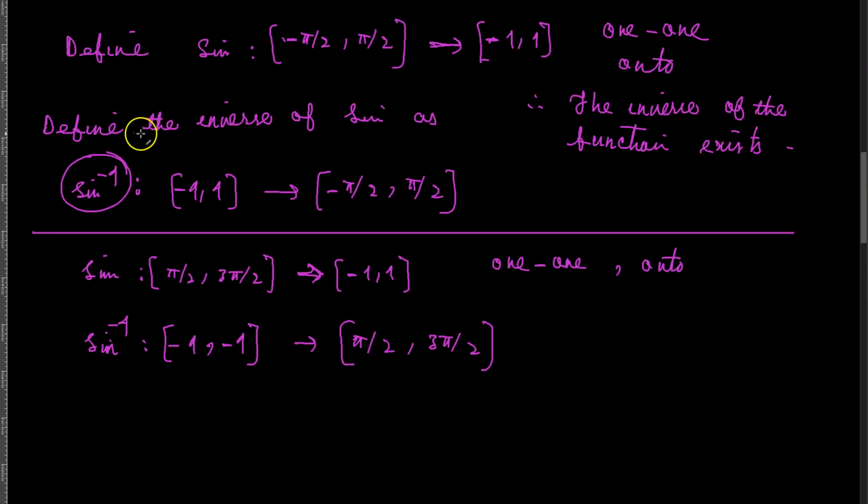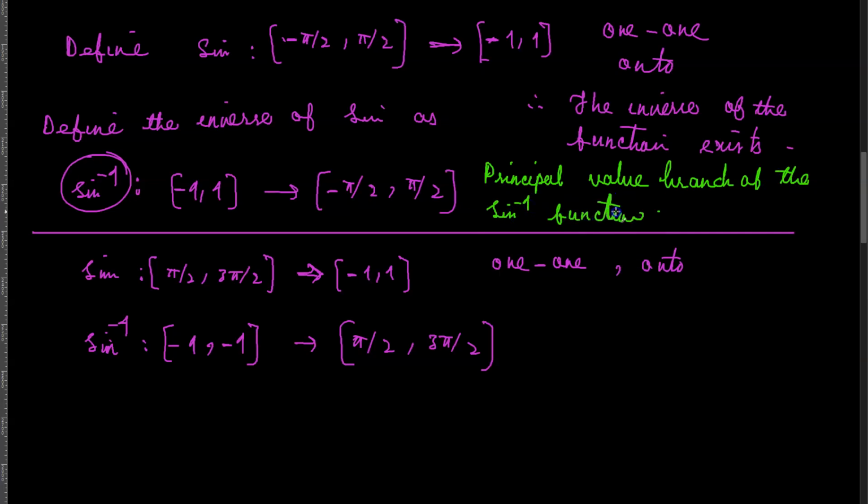And therefore the inverse of the function has become the sine inverse function going from negative 1 to 1 to negative pi by 2 to pi by 2. And that has been called the principal value branch of the sine inverse function.